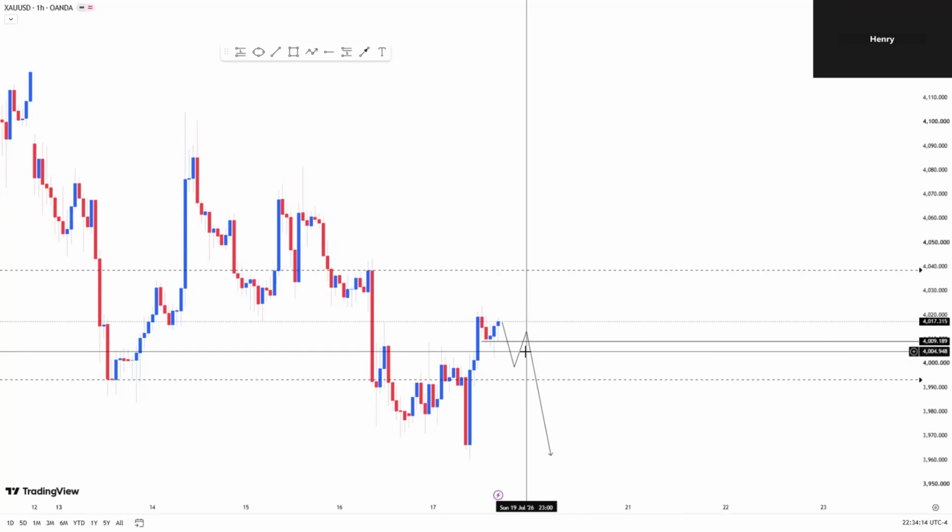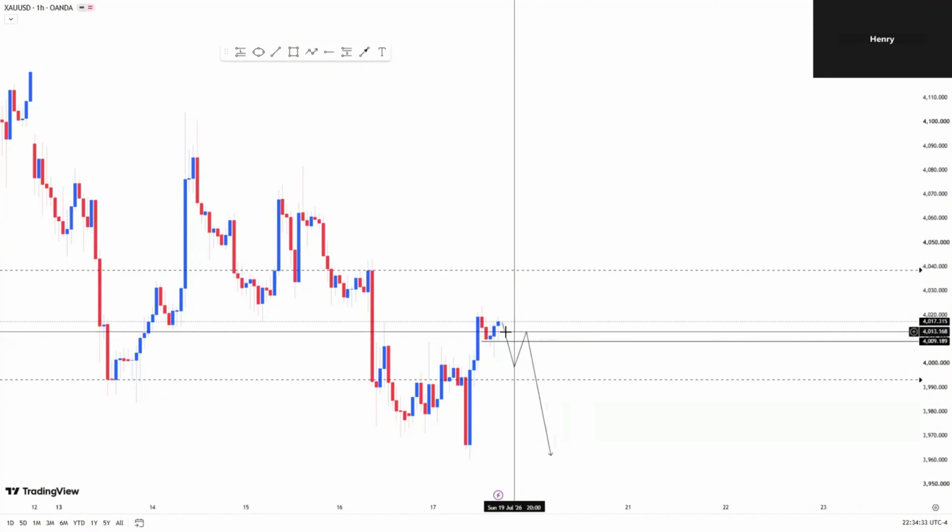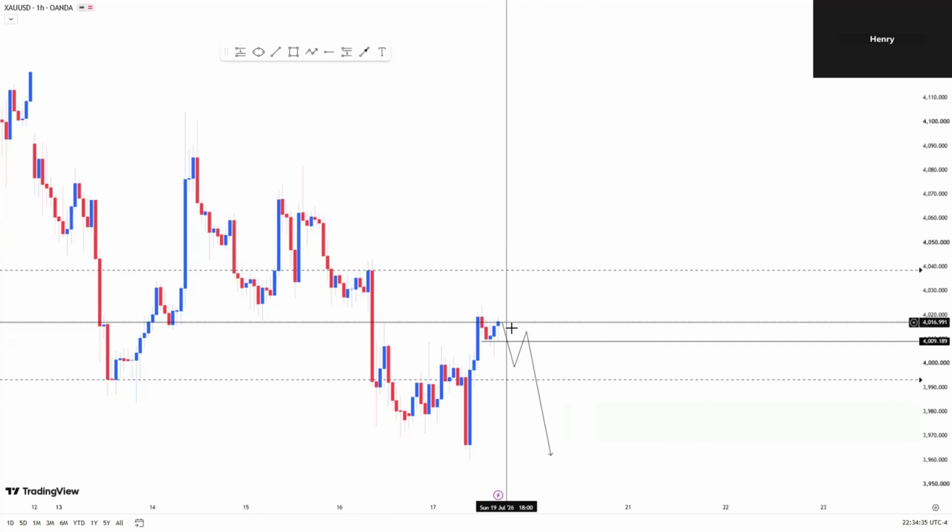That's pretty much how I like trading, right? It's way easier for me. I trade on a higher time frame and pure ICC. That's pure price action, indication, correction, and continuation. So with that being said, if price does something like this, this is what you should be expecting, right?